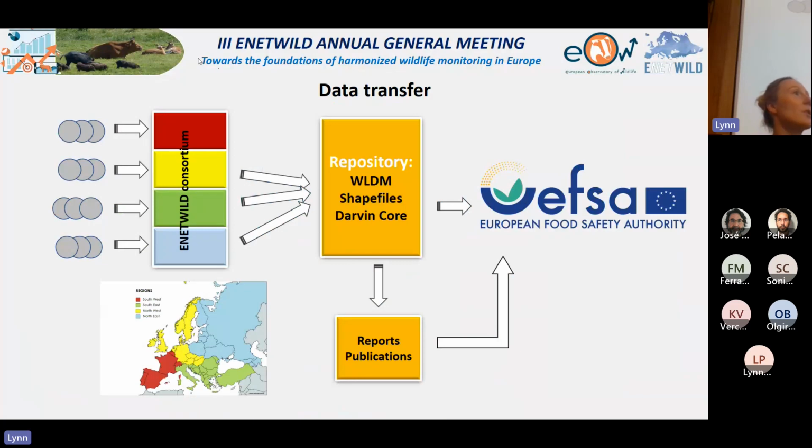The ENETWILD consortium is just binding up different countries, different standards, and we are trying to create something a little bit more similar, uploading that to a repository in the standards which can be reused. And based on that, we have two ways of communication to EFSA, just to make those data available and reliable.